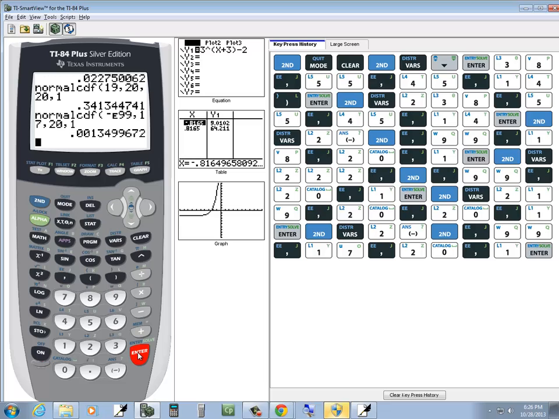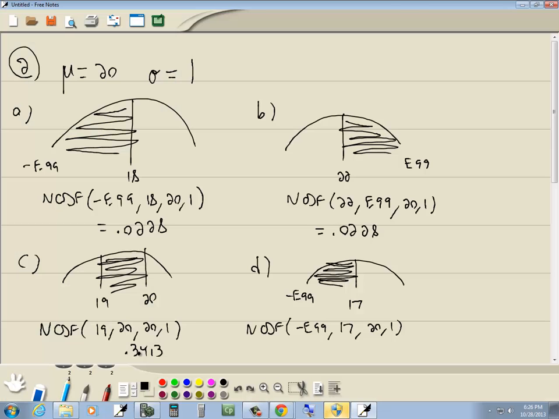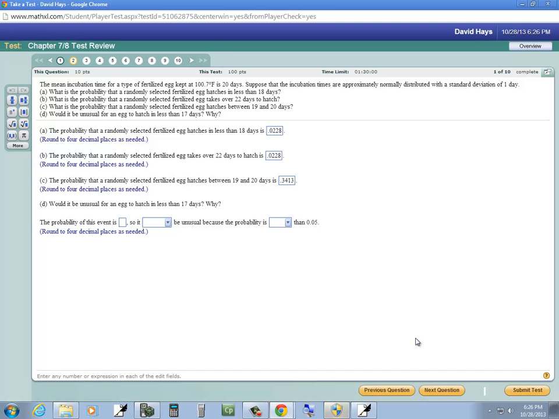Enter. 0.0013. So it would be unusual because the probability is less than 5%. 5% is your cutoff. If it's less than 5%, then it's considered unusual.